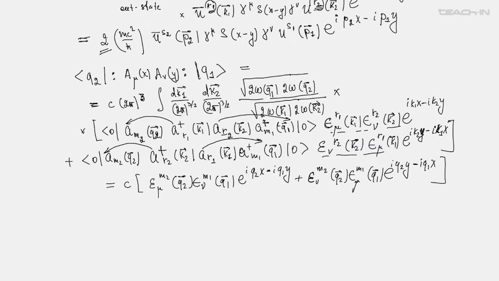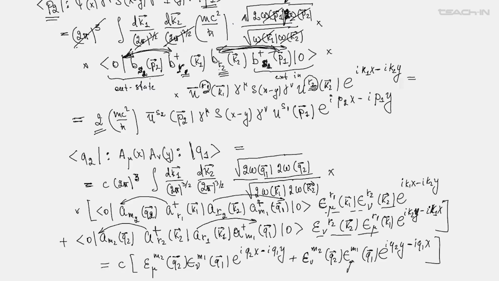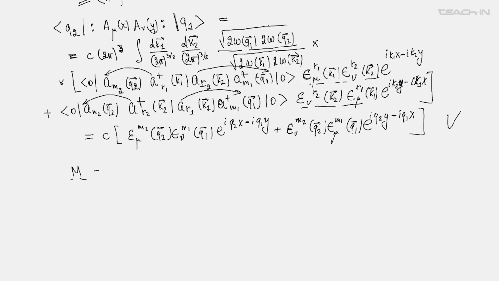Now you can combine everything. By everything, I mean combining this matrix element of four fermions and this matrix element which comes from photons. And so combining, we get M equal to minus G squared, the coupling constant, 2C squared, MC over H bar.